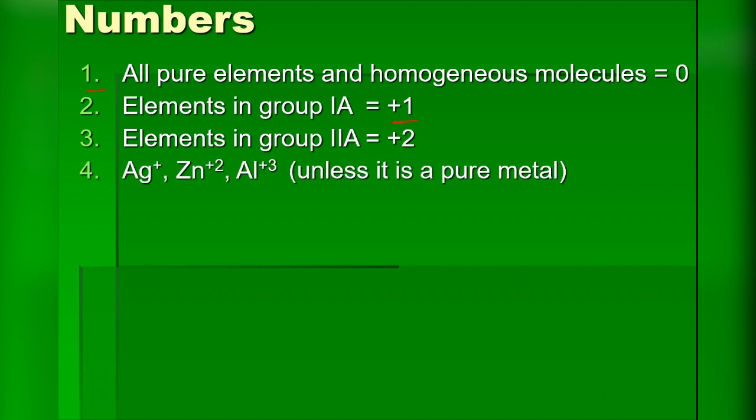Ag is +1, zinc +2, Al +3, unless it is a pure metal. What does it mean? If it is part of a compound, for example zinc chloride, then zinc's oxidation number is +2.